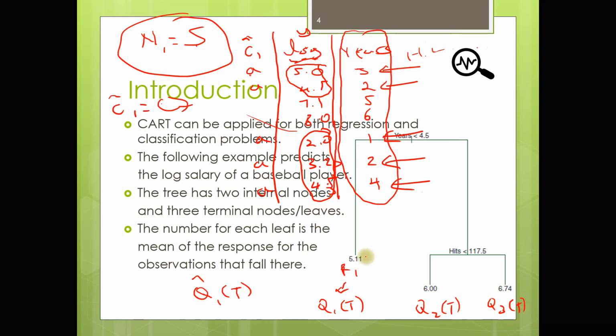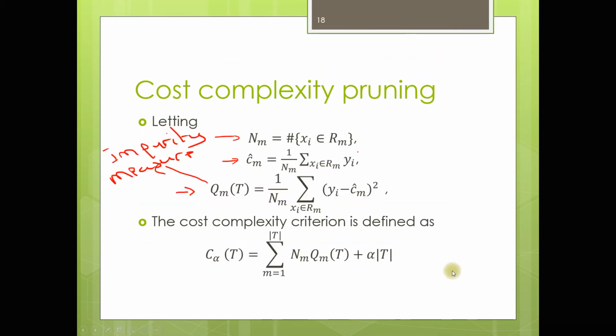For each terminal node, you can compute an impurity measure, because Q1T refers only to that particular region I was discussing earlier. Then you have other regions to consider, and you will compute different impurity measures. So this is what QmT refers to, the impurity measure. The smaller it is, of course, the better it is.